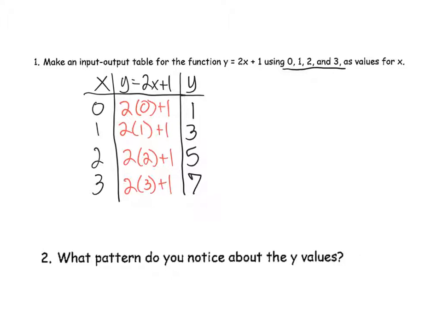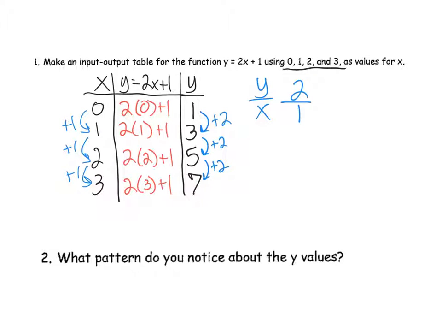Look real quick and tell me, how is my y changing? Adding 2. So I'm going to do my y over x. How is my x changing? Plus 2, and then plus 1, y over x. That is my slope.